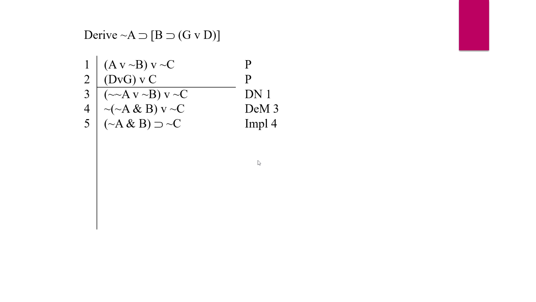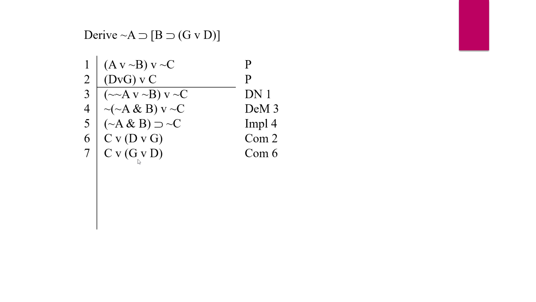I'm going to start by using commutation to switch around the order of the disjuncts, and we're using it on this main disjunction, the one that connects it with C. So now we've swapped C with D or G. Now to get G or D in the order that we want for our conclusion, we have to swap it around with commutation again. You can't do these two steps at once. This time we're doing commutation on this disjunction inside the parentheses to swap that around.